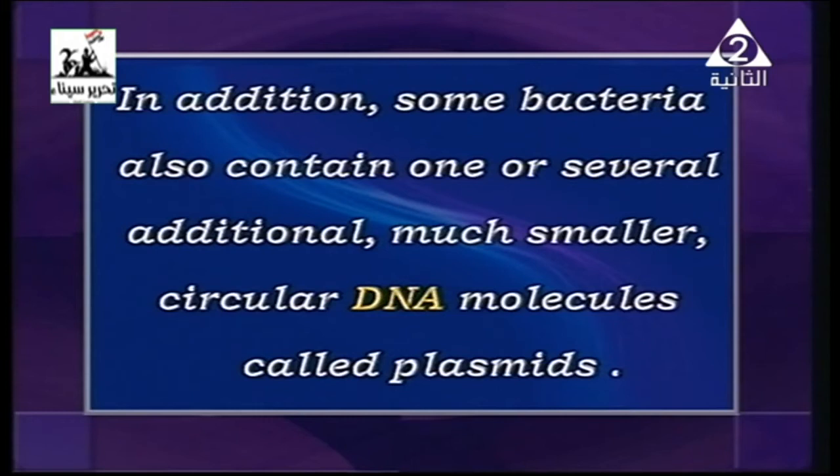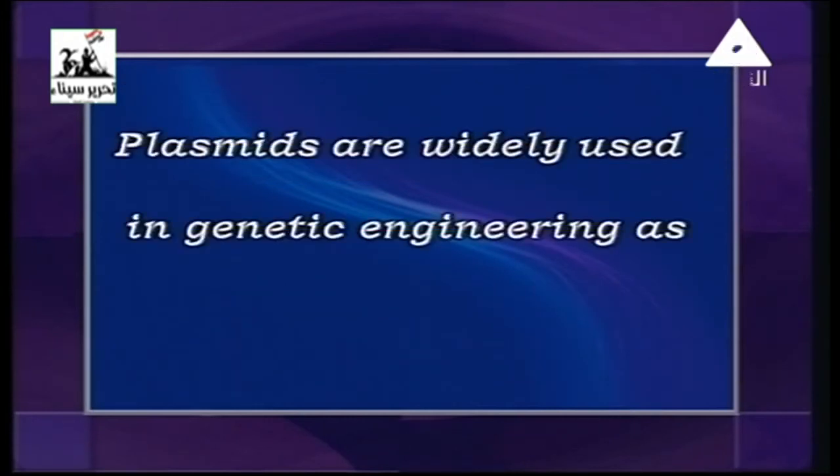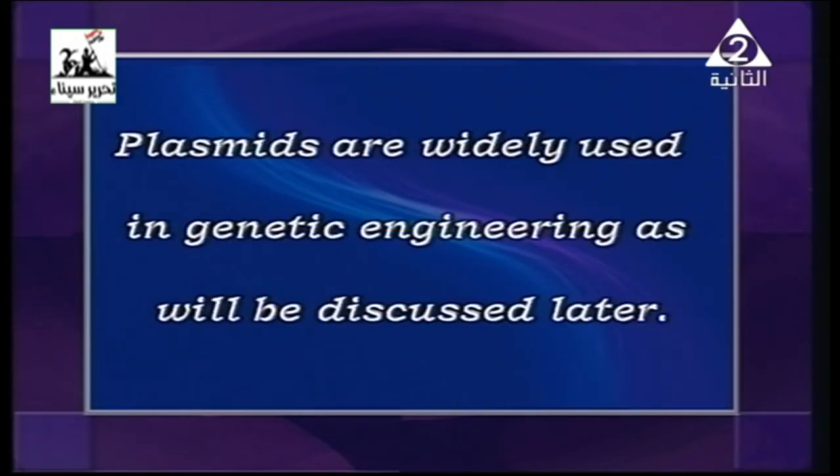Plasmids are widely used in genetic engineering. This field of science depends on how we can control the genes, the information data on the chromosomes, called genetic engineering, as will be discussed, God willing, in the next lesson or the last chapter.